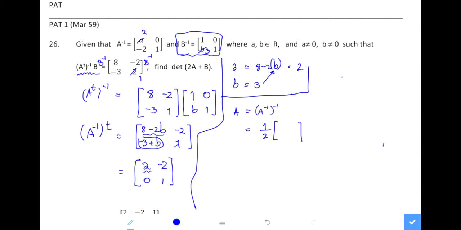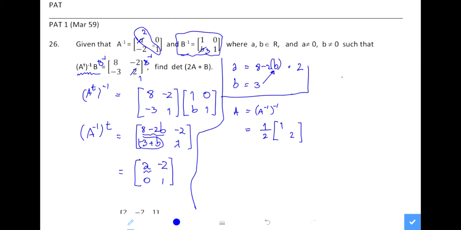And next, I'm going to multiply by the adjoint matrix of it. To find the adjoint matrix is so simple. You just have to go back to this one and swap the two members along the diagonal. So number 1 will just go down, number 2 will just go up.